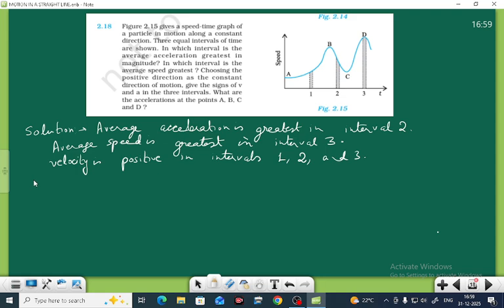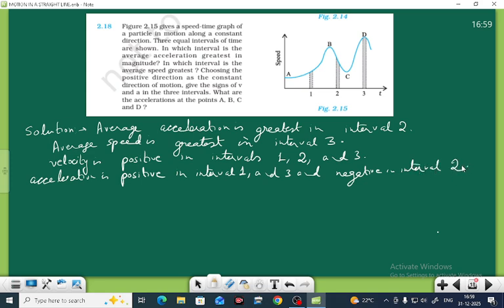Acceleration is positive in interval 1 and 3, and negative in interval 2.